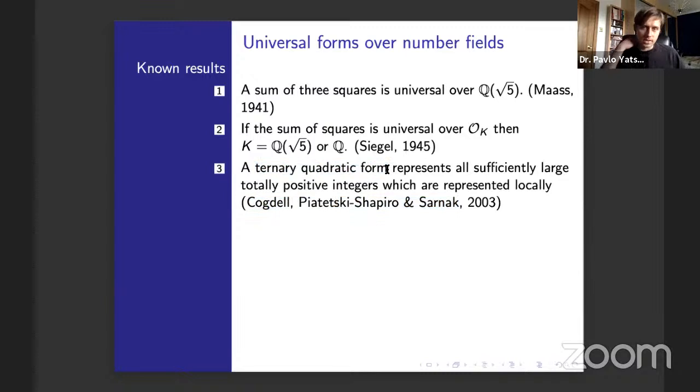It is known that 3 squares represent all sufficiently large square-free integers if they're represented locally. Something to mention here also is that 'sufficiently large' is usually measured in terms of norm or trace, and for this result specifically, 'sufficiently large' is ineffective. But this result is specifically for totally real number fields.